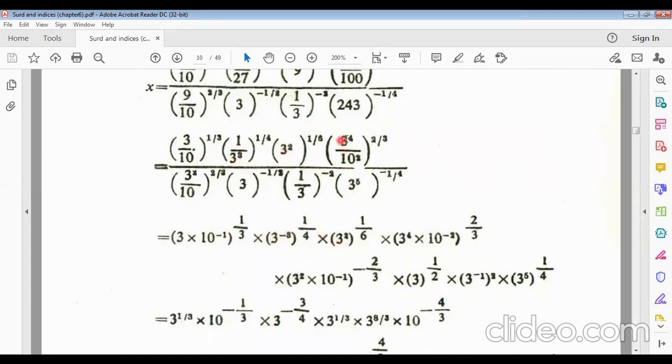And 3 square, same. And 3 to the power 4 and 10 square can be written as 10 to the power minus 2. And similarly, 3 square and 10 to the power minus 1, 3 to the power minus 3 to the power minus half. Then 1 by 3 can be written as 3 to the power minus 1, square. Then 3 to the power 5.